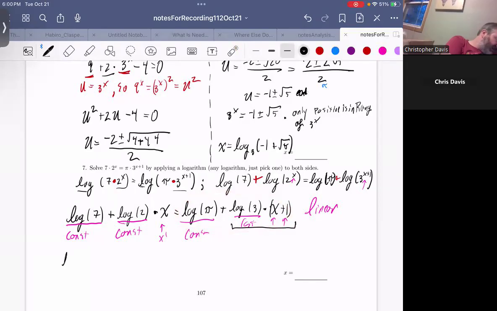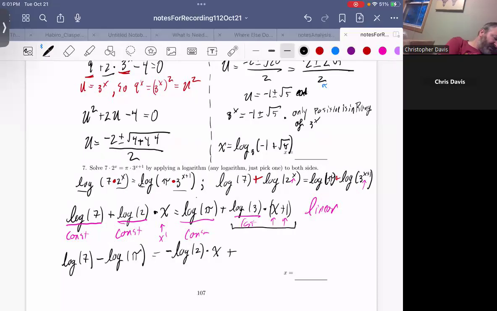So, log of 7. I'm fine with that being where it is. Let's subtract log of pi to the other side. Let's also subtract log of 2 times x to the other side. All right, I want all the x's onto that side.